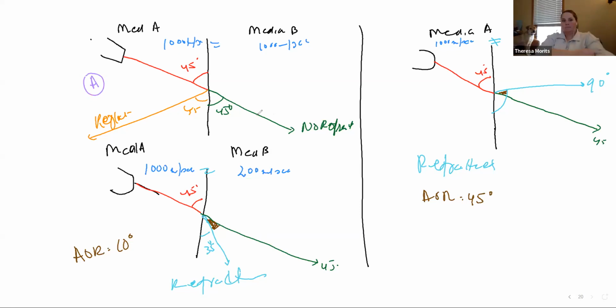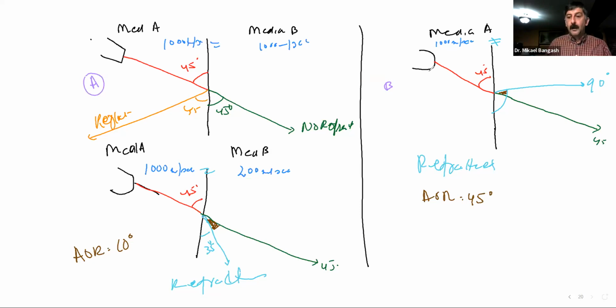Right. Good. In B, what is the information that we got from B? Well, we have an oblique incidence and we have a difference in speed. So since we have a difference in speed, both requirements were fulfilled for a refraction to occur.